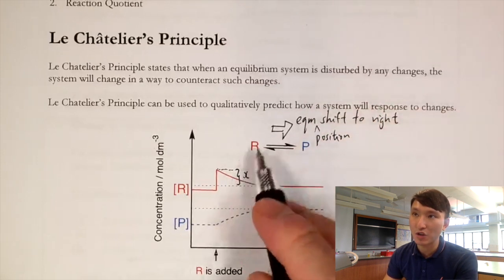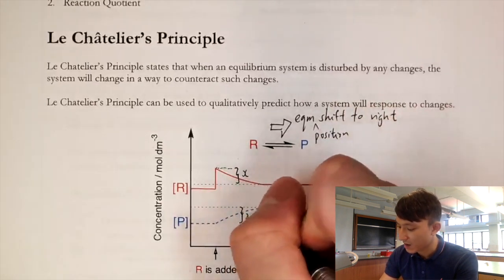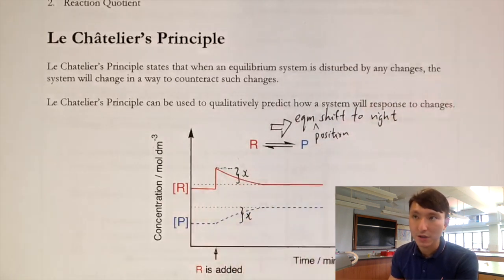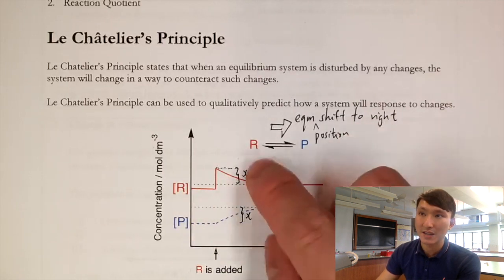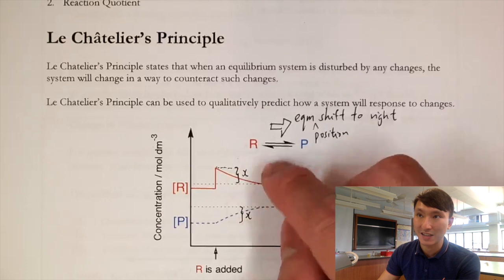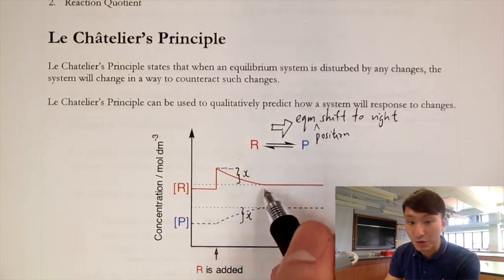And because the mole ratio is 1:1, you will expect to see the same amount of product formed, okay? So this is another thing I want you to pay attention to. Now the first one is the equilibrium position changing. The second one is the extent of reaction or the extent of changes. And the third thing is about the new equilibrium.